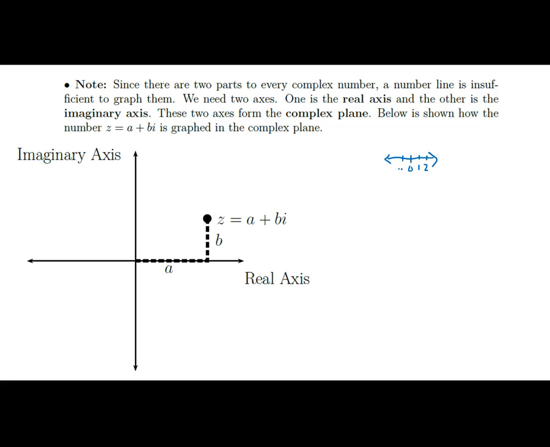But with complex numbers, since there's a real and an imaginary part, we just kind of turn the horizontal axis into what we call the real axis and the imaginary axis into the vertical axis, and so we can represent any number in this complex number system as a point in the plane.